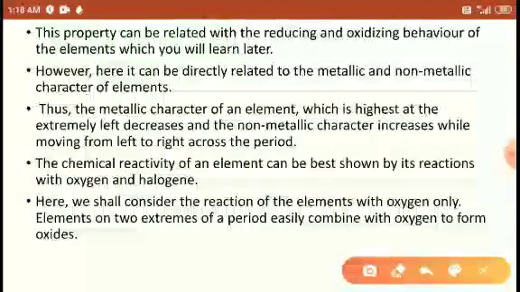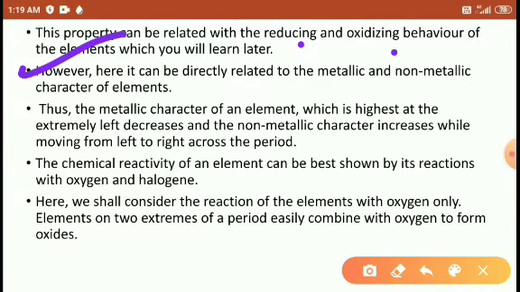The property can be related to the reducing and oxidizing behavior of the element, which you will learn later. However, it can be directly related to the metallic and non-metallic character of the element. Metallic character is highest at the extreme left and decreases, while non-metallic character increases from left to right.